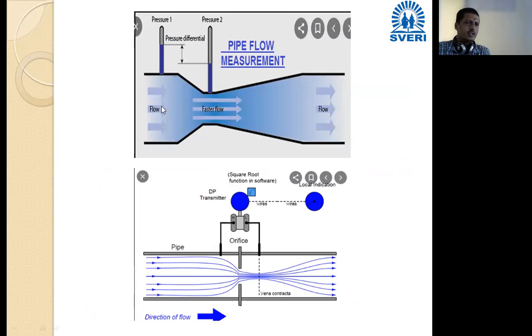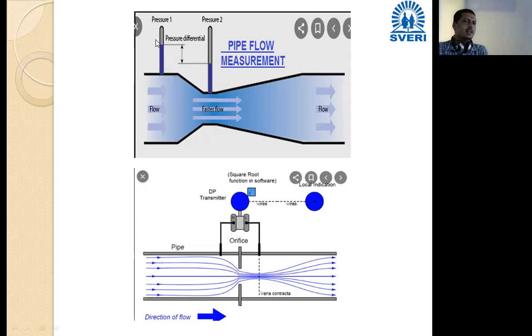Here, see the flow, and a manometer is used to measure the pressure. This flow is continuous and the pressure is measured in this manometer. Then here the conversion is there, meaning volume is decreased. Then obviously pressure is increased. This increased pressure is measured in the second manometer, and see the difference, the pressure difference.